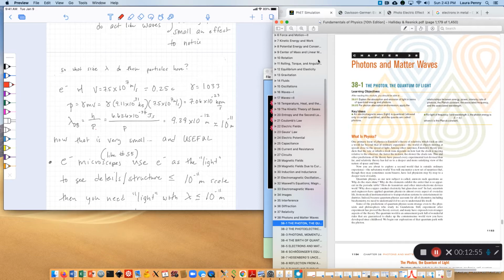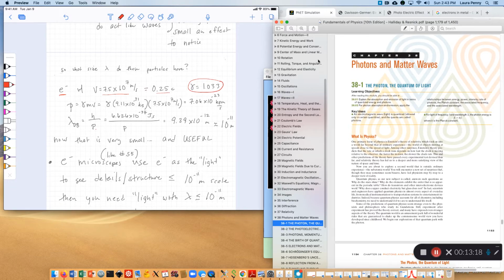Just to give you an idea of what kind of wavelengths these particles have, say I have an electron which is moving fairly quickly. Say it's moving at 25% the speed of light, so I would have to do a relativistic momentum. So if I do 0.25 c, I get a gamma of that, so 1 minus 0.25 squared.